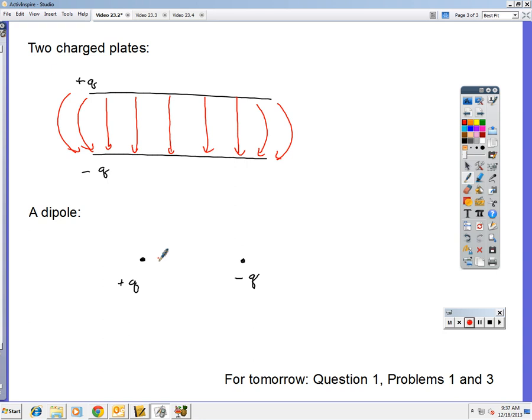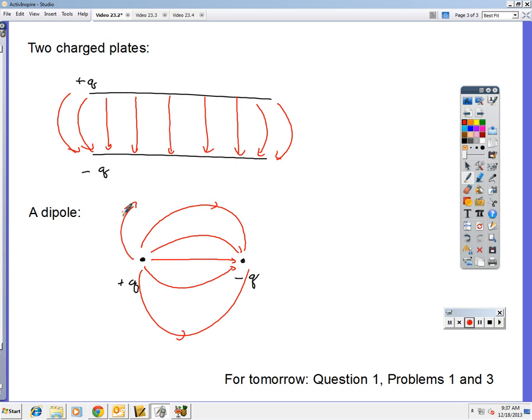Your book has a section on that, but it's not part of the AP curriculum. You should, though, be familiar with the way they look. The field lines will point from positive to negative, and it'll look something like that.